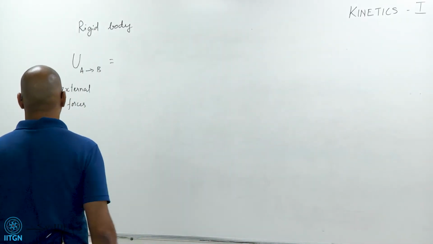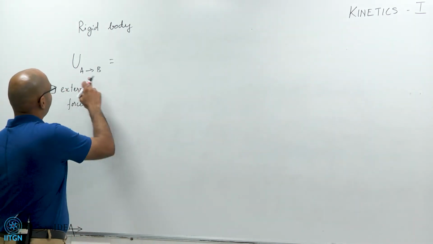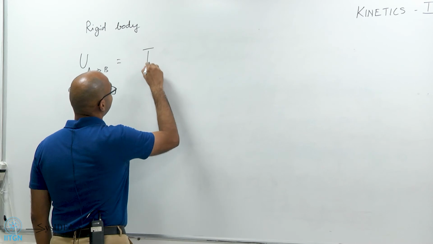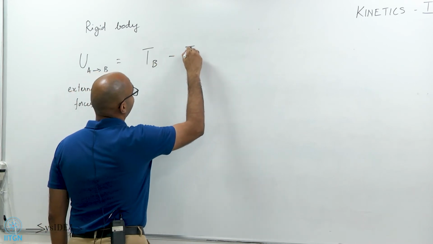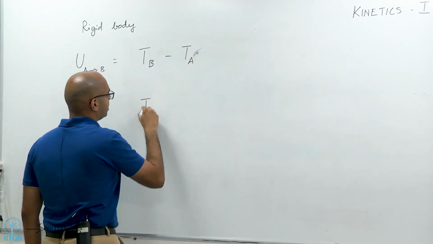For a rigid body, the total work done by external forces in going from configuration A to configuration B is equal to the change in kinetic energy. But now the kinetic energy has two terms.